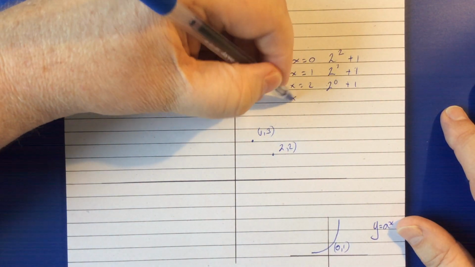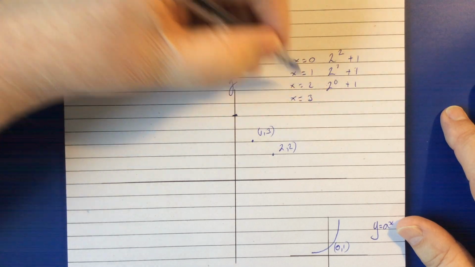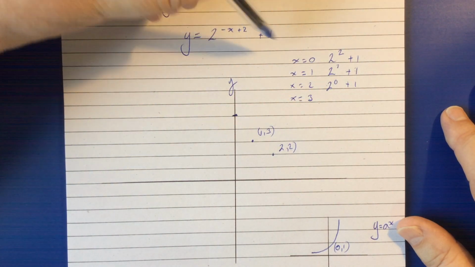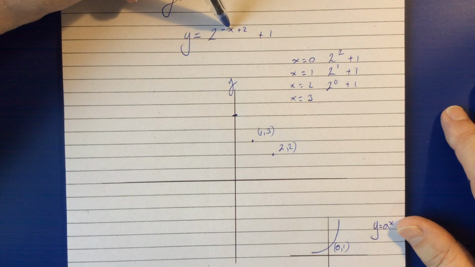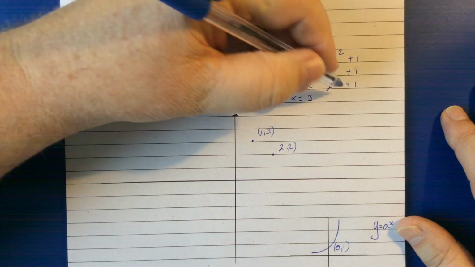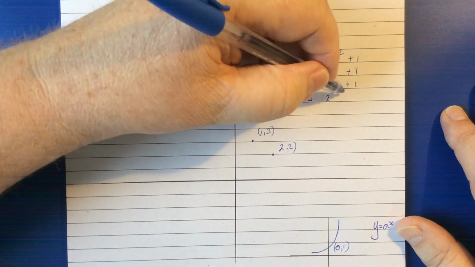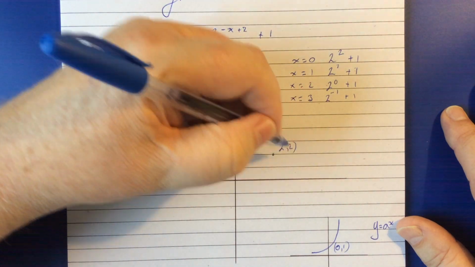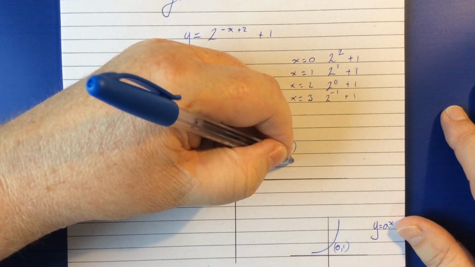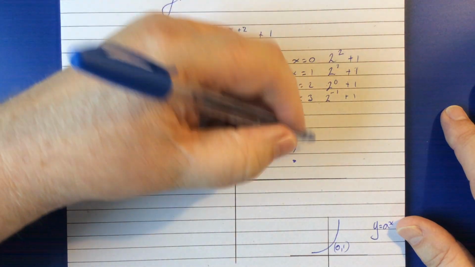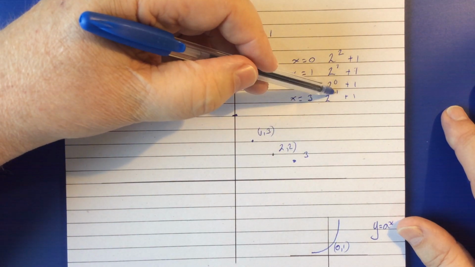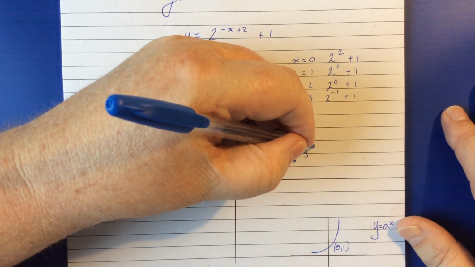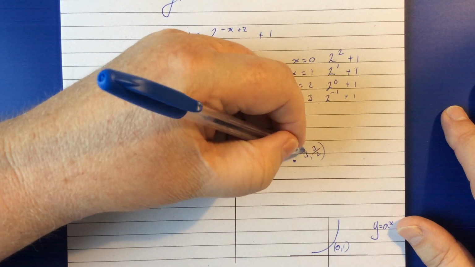We'll go to x equals 3. And what we will get is 2 to the power of negative 3 plus 2, so that is 2 to the power of negative 1 plus 1. So at 3 we are about here, I would say. 2 to the power of negative 1 is a half, plus 1 is 3 on 2, or 1.5.